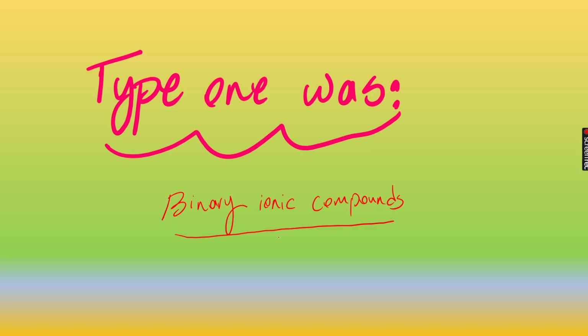And please look at this video. You remember that the binary ionic compound consists of two elements. One of them is metal, one of them is non-metal. Metal loses the electron, creates a cation, and the non-metal gains the electron to create an anion. Between the anion and cation there is an ionic bond. That's why we call them ionic compounds.